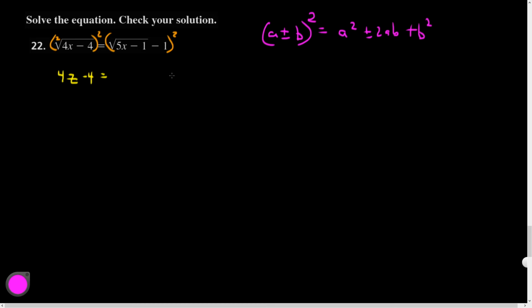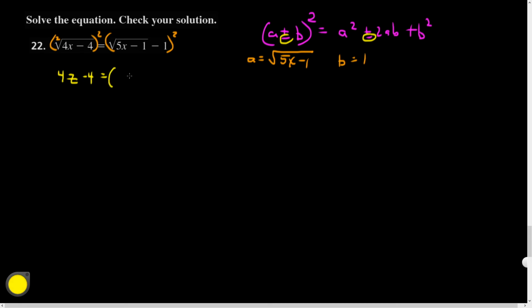And this one has a minus sign, and so I'd be applying the minus version of the pattern. In this case, a is, I'll just write it over here, the entire root 5x minus 1, and b is the 1. Okay, so a minus b all squared.